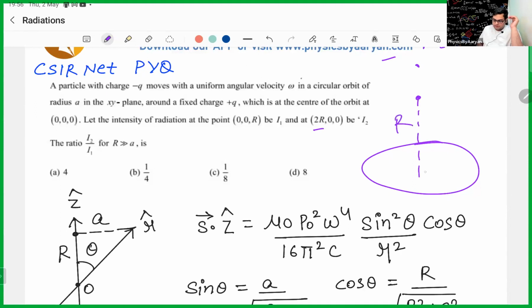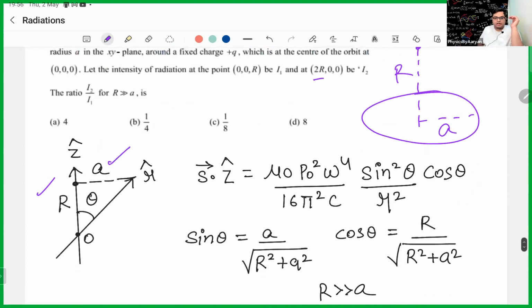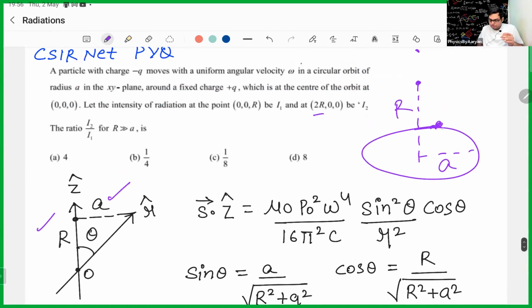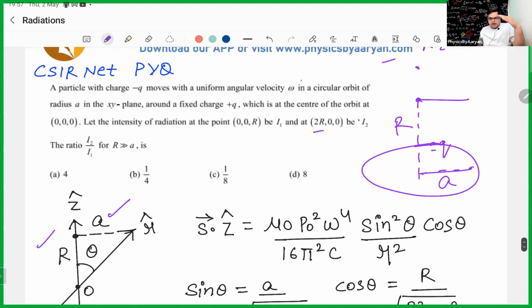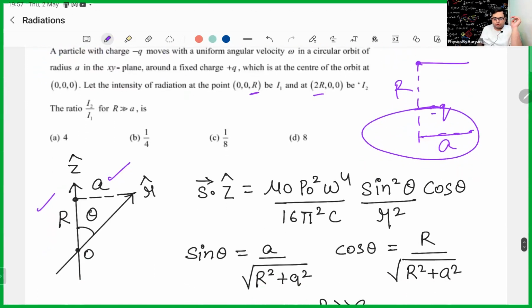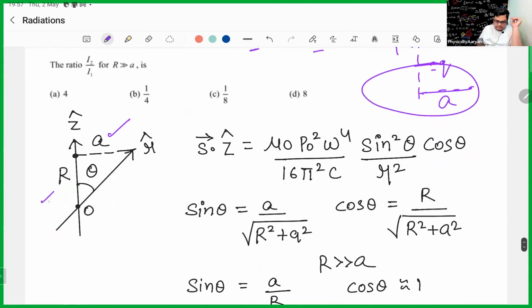This is a radius A, and this is capital R. So your electron, or your negative charge, is rotating like this. If this is A, then this is also A, right? Parallel lines. And the distance on the z-axis is capital R. So this thing is capital R, this is A, this is r cap, this is j cap, and this is theta.